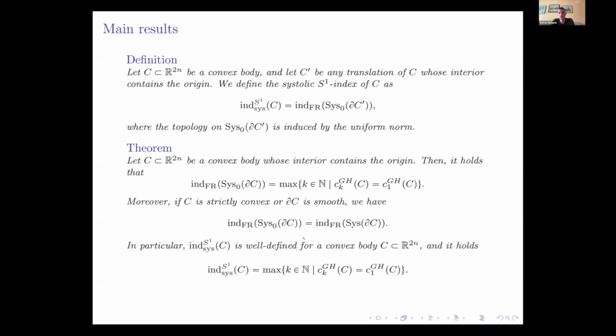So from this theorem in particular, we get that the systolic S1-index is well defined, and we get this formula here.